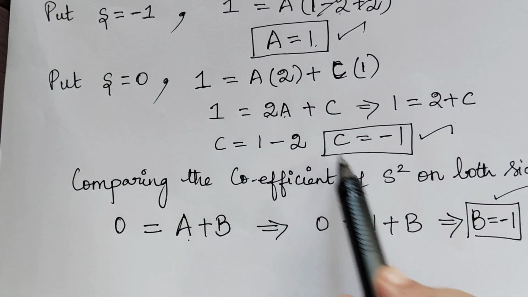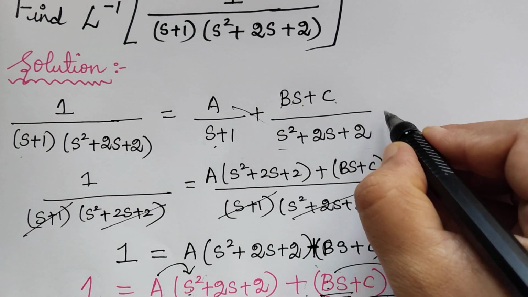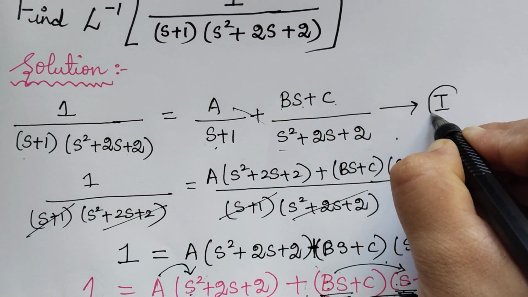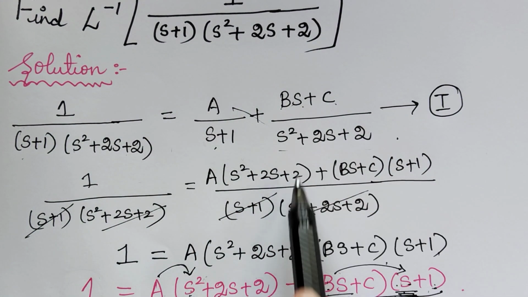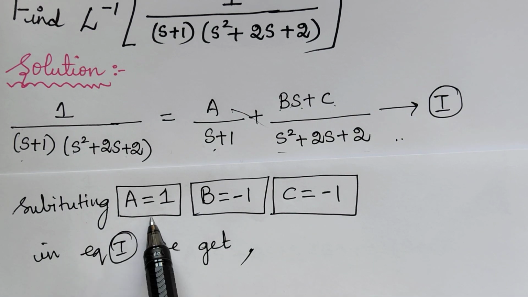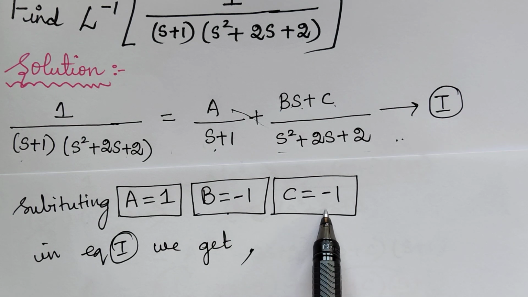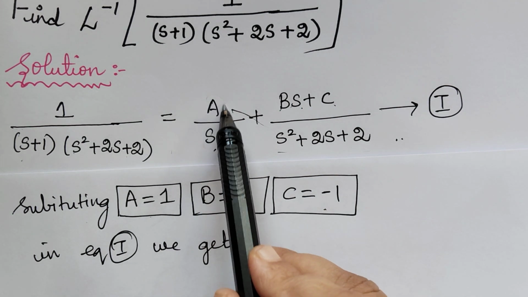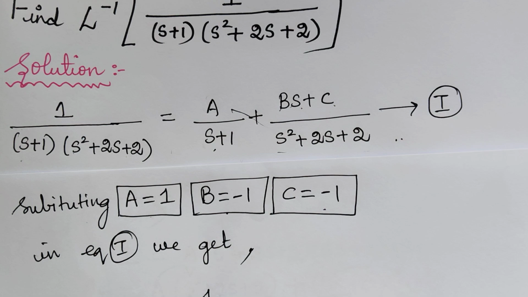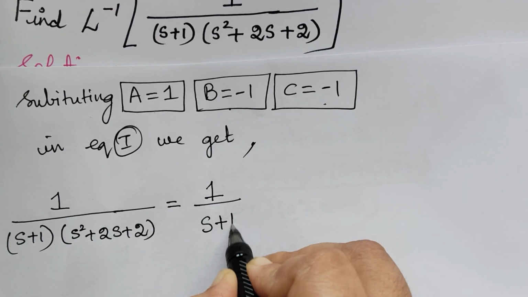Now we shall take each of these values and substitute in this. That is, we will take this as equation 1. So we will substitute in equation 1 now. In this equation 1, I am going to substitute a equal to 1, b equal to minus 1 and c equal to minus 1. When we do that, if we put a as 1, you will be getting 1 divided by s plus 1.